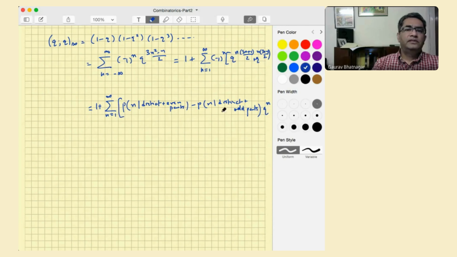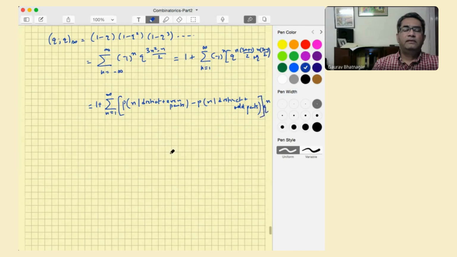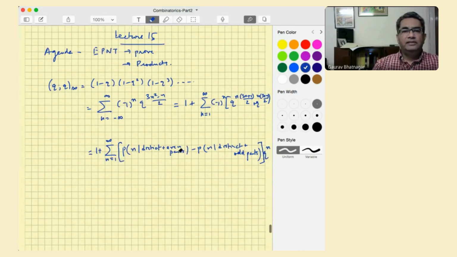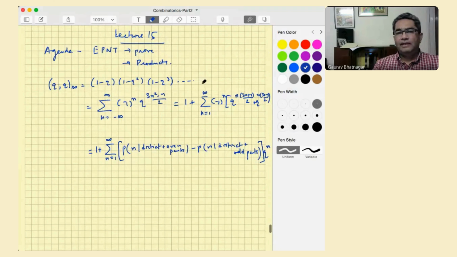So this business right here. This is kind of obvious. You just multiply them together. If you pick up the n, then there are multiple ways of writing this as even parts and maybe odd parts, and you subtract. So what this theorem is saying, that more or less these guys are the same, except for a few values.